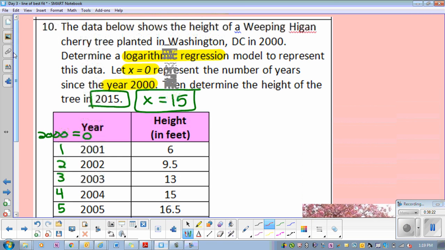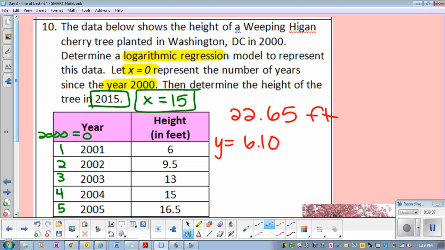All right, what is it? 22.65 feet, because it's rounded. And your equation was this one. Okay? Good. Do your homework.